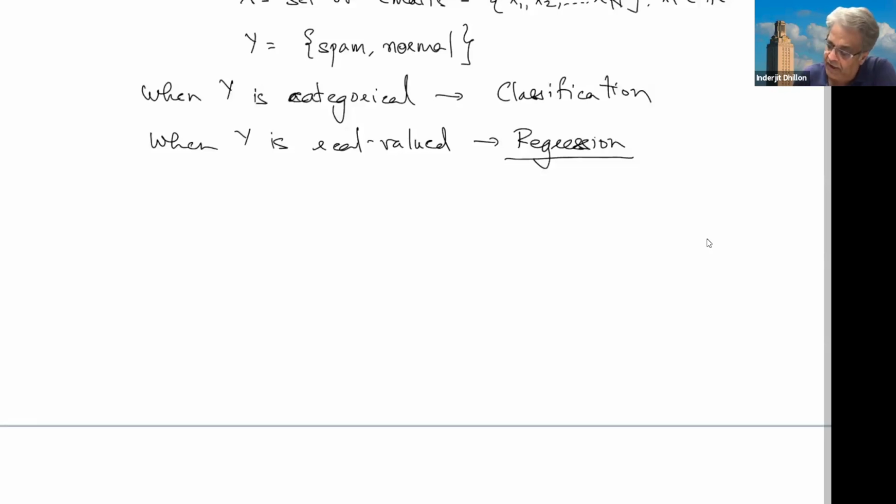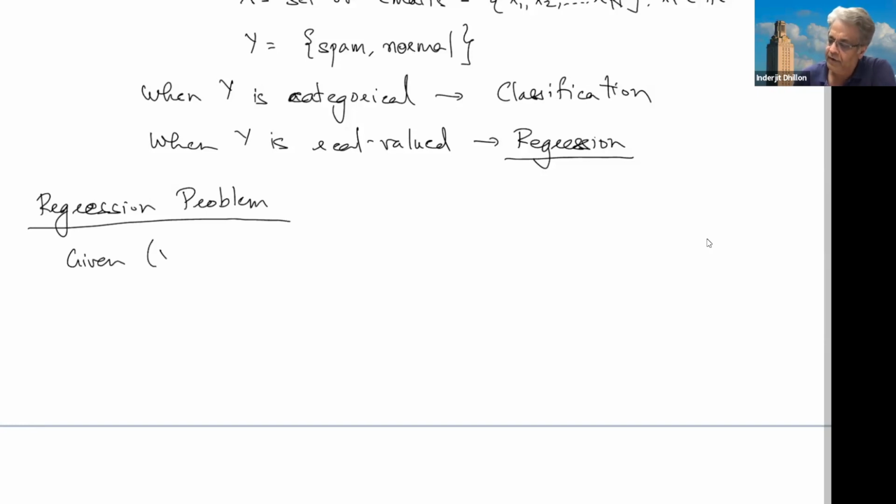Okay, so let me write this again. We are going to do a regression problem. So what we are given is xi, yi. xi belongs to R^d, so d real numbers. Think of xi as a vector, and yi belongs to R. So that's a regression problem.